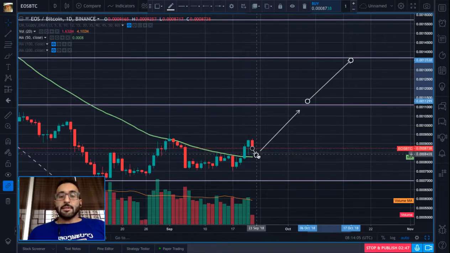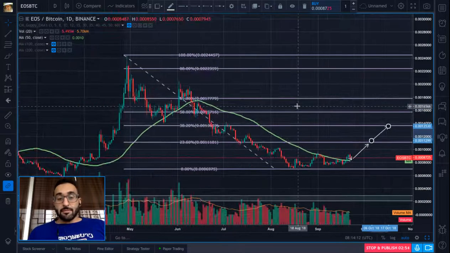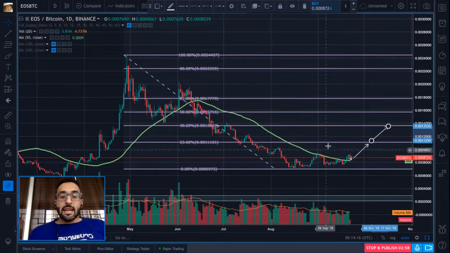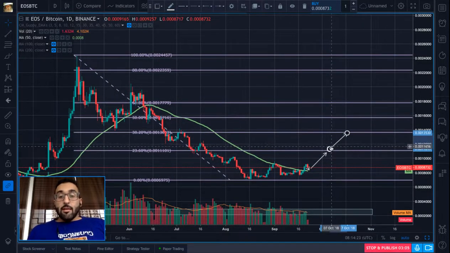After it touches this point, it's going to go as far as the next Fibonacci level, which we have over here. It's the basic level of retracement, which is 23.6% of Fibonacci.